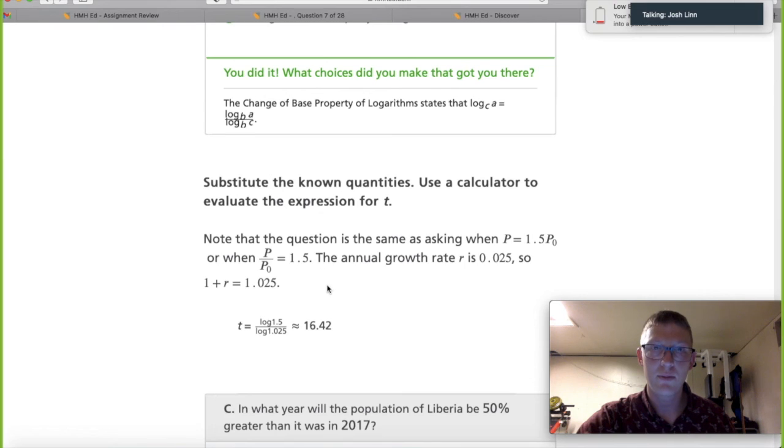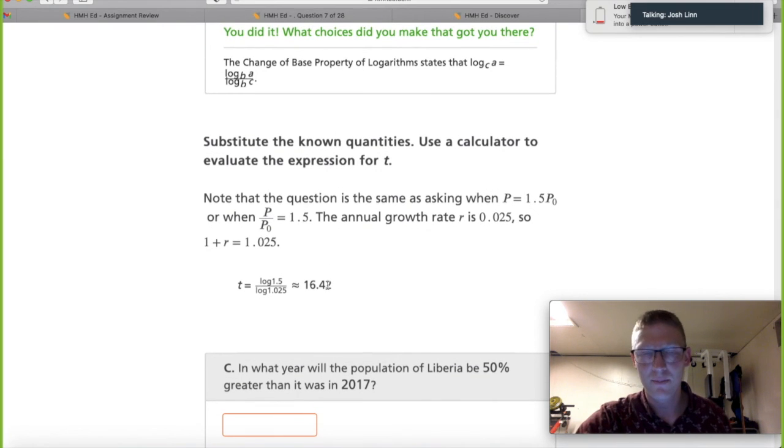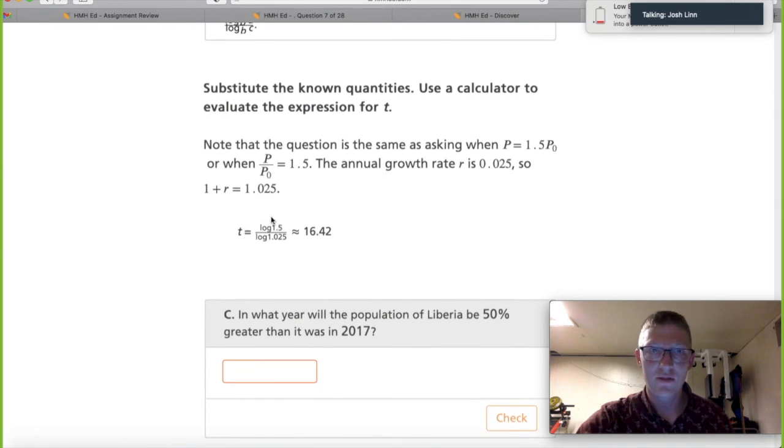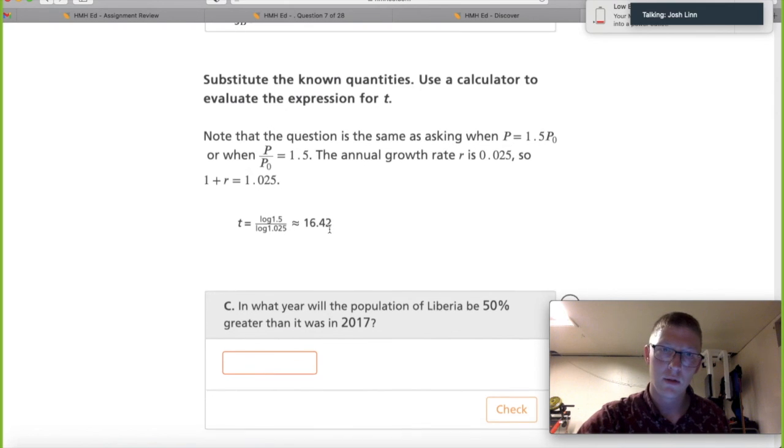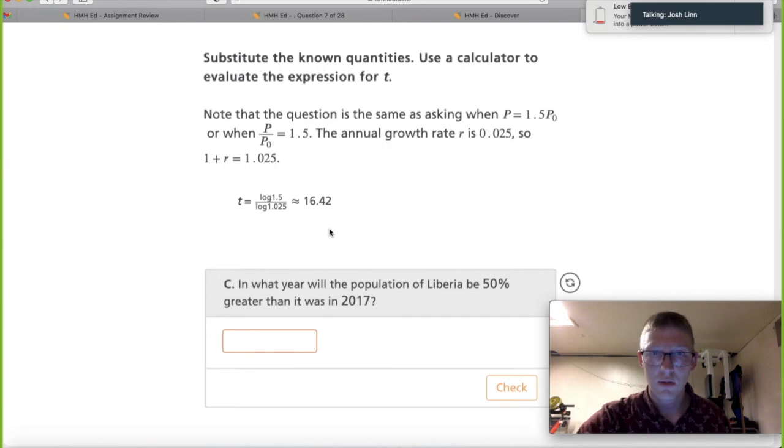So now we plug everything in that we have. And this is something that we can just plug into our calculator, and we get this number. So in what year will the population of Liberia be 50% greater than it was in 2017? So it's going to be 2017 plus 16.4.